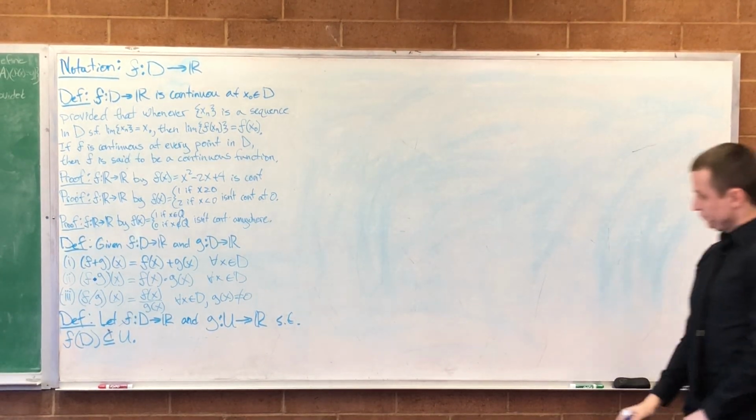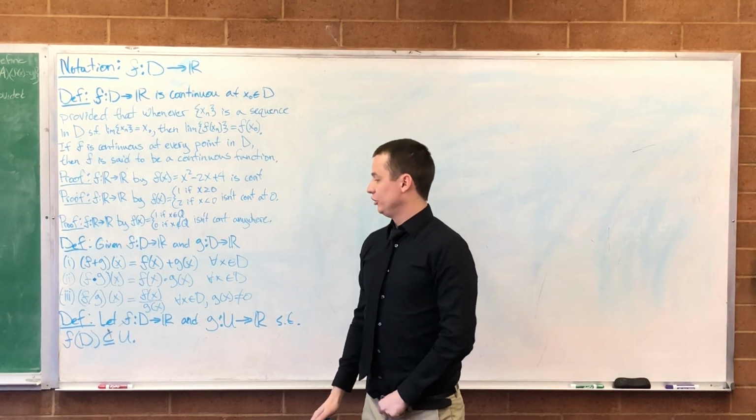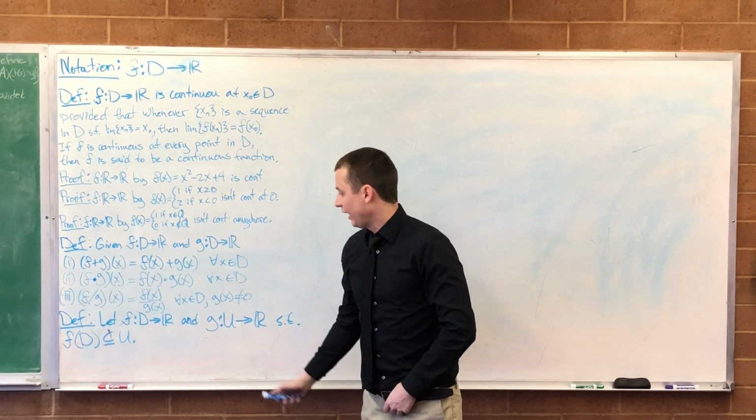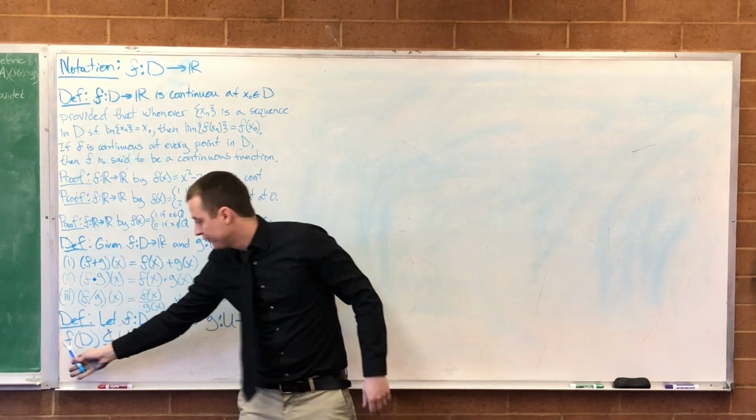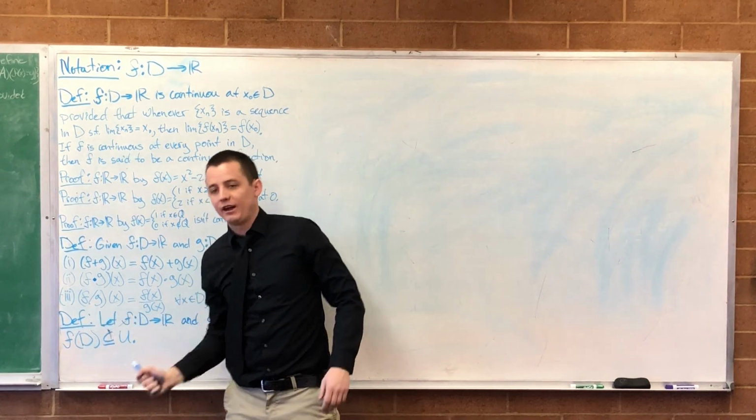The image of f is a subset of the domain of g. So f of D is the set of all numbers that f maps to.